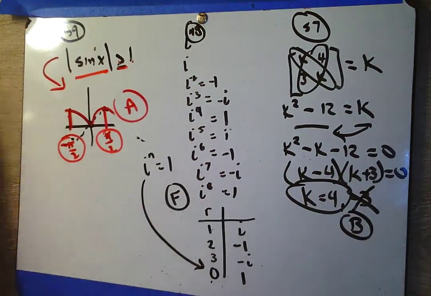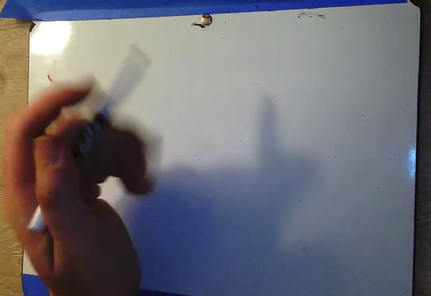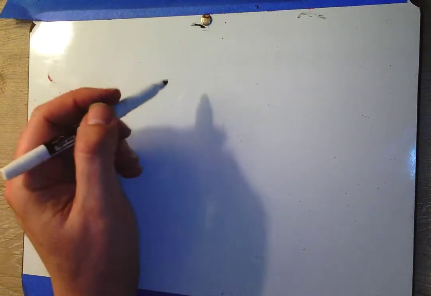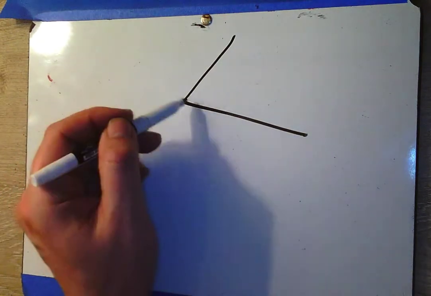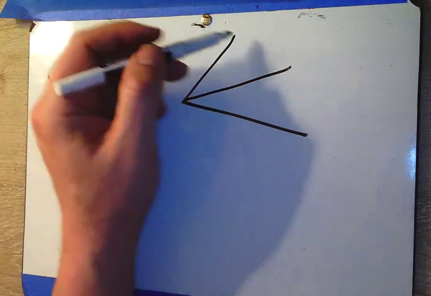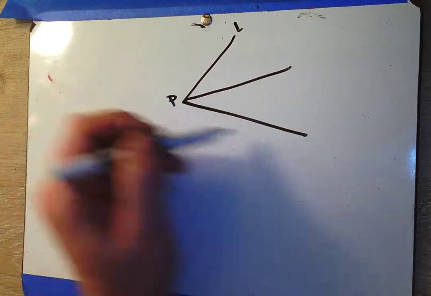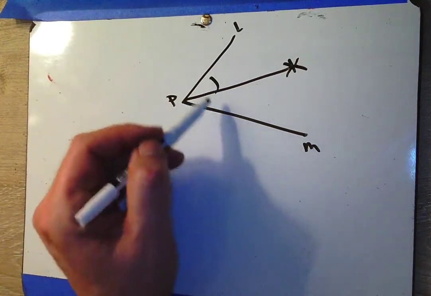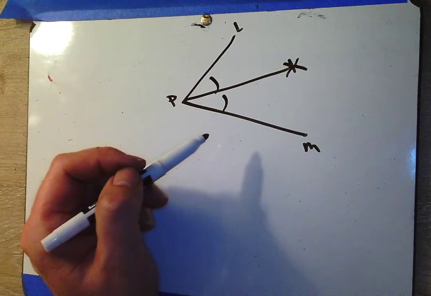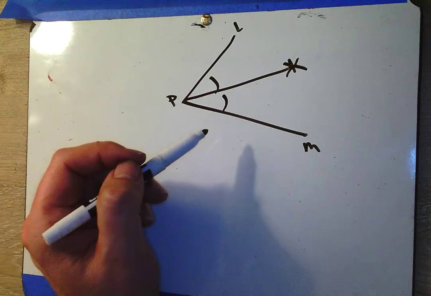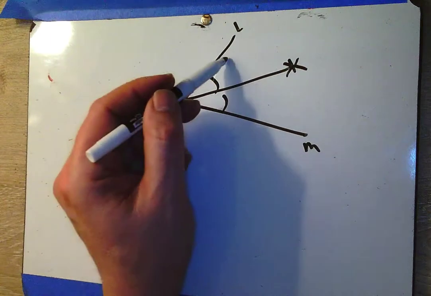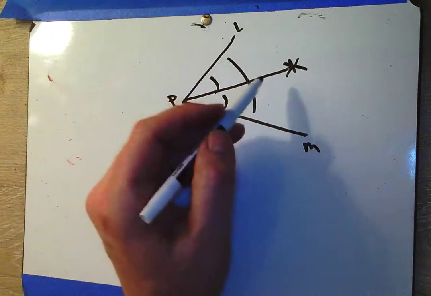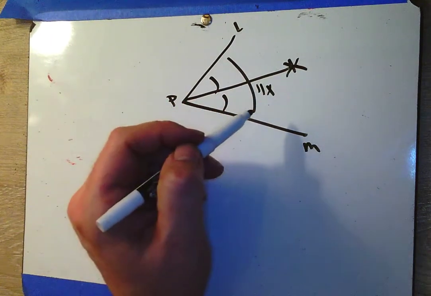Our last problem, problem number 60, says ray PK bisects angle LPM. Bisects means cuts into 2 equal pieces. The measure of angle LPM, this whole thing, is 11x.